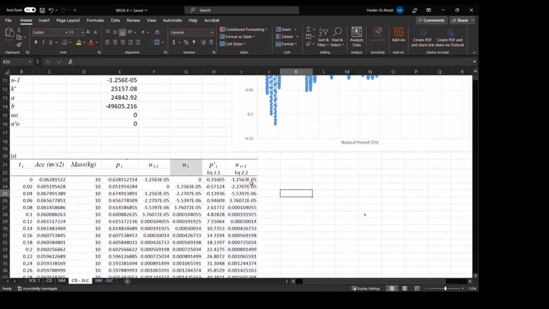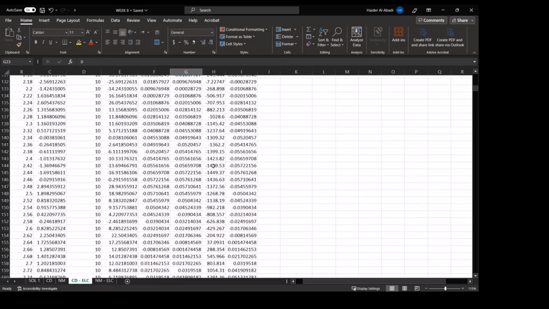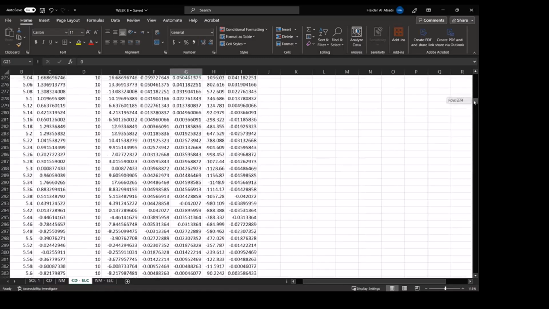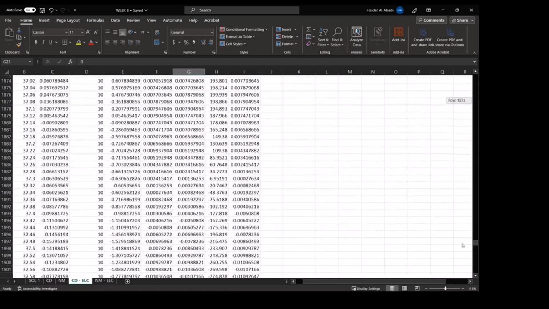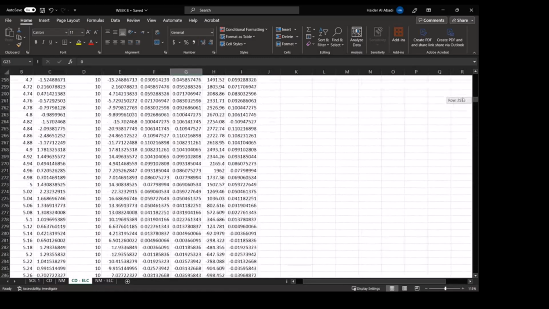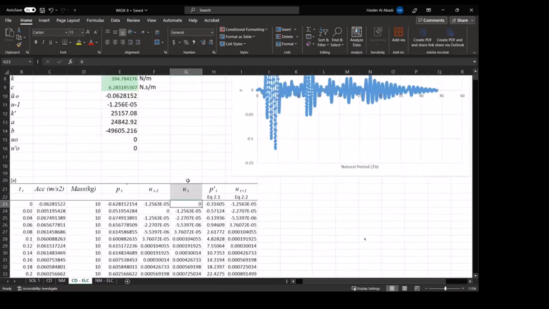Now, let me go to the displacement, which is this one. I think I put it at the bottom, or maybe some students like to put it at the top. It's up to them. Let me see if I put it. No, I did not. So we can use one of the functions to find the maximum response.